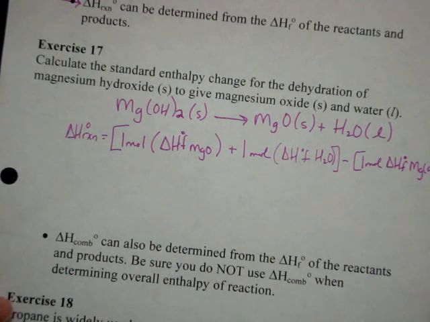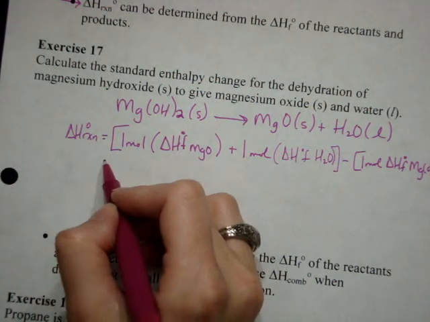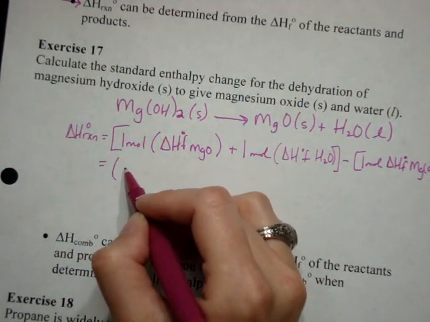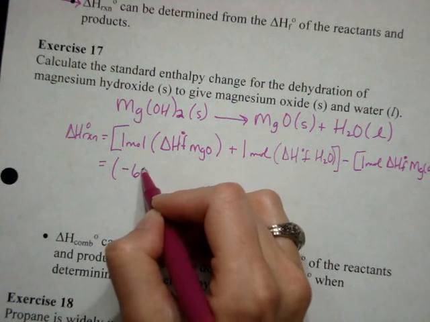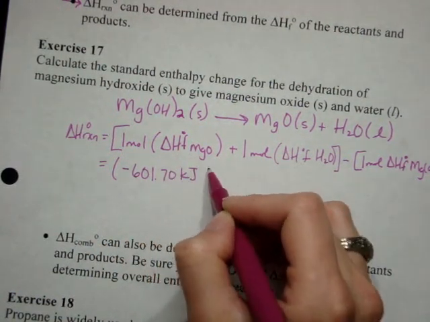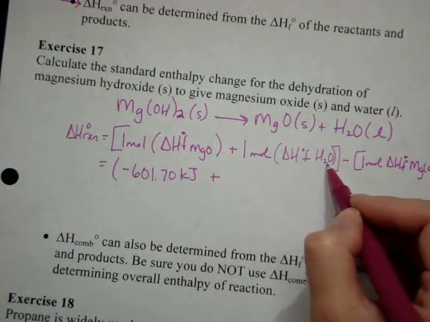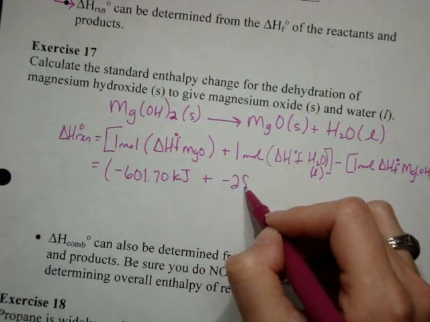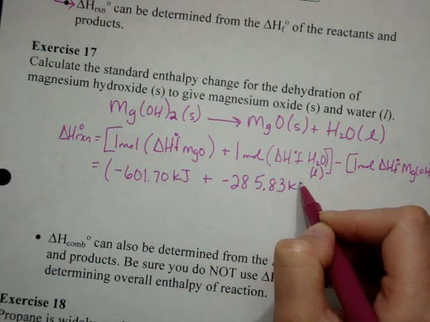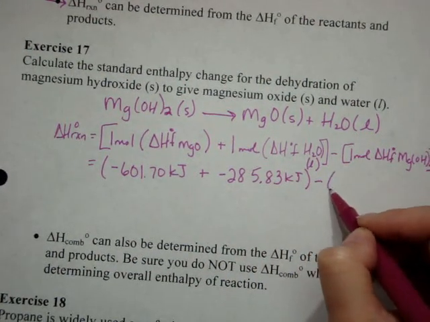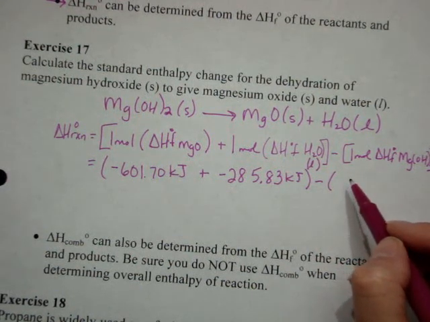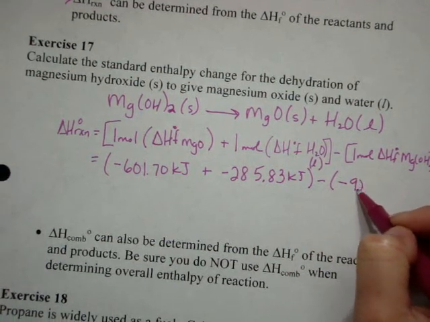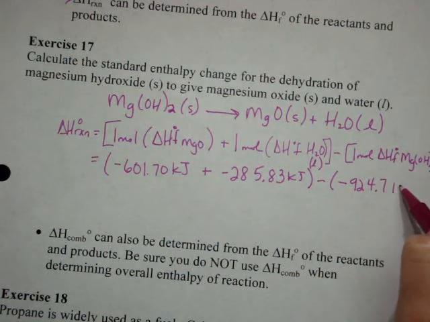So if you go and find your standard enthalpy table, magnesium oxide in its solid form would be 1 mole times negative 601.70 kilojoules, plus 1 mole of enthalpy of formation for water, specifically as a liquid, is negative 285.83, and again I'm reading these values off of the table, and then subtract from that the enthalpy of formation for magnesium hydroxide, which is negative 924.7 kilojoules.